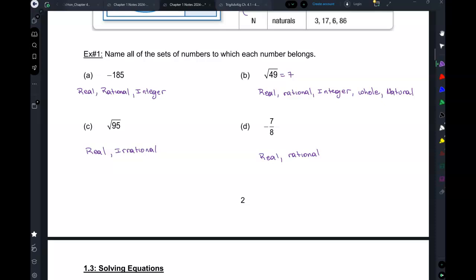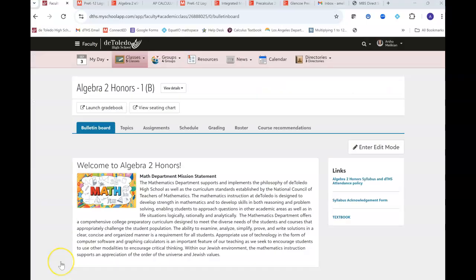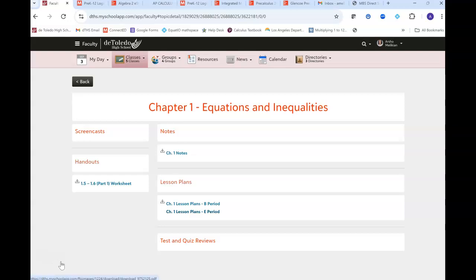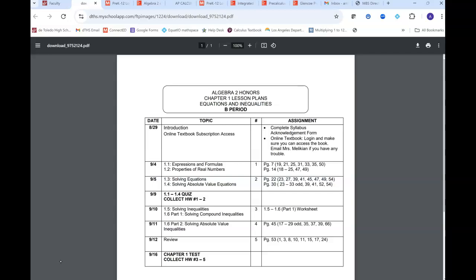Okay, so that's it. That is the notes for today. As far as homework is concerned, all right, so if you go here, under topics, is your lesson plan for B period. And so you see here, this is what we did today, 1.1, 1.2, 9.4. This homework 1 is your homework that is going to be due tomorrow, Thursday.